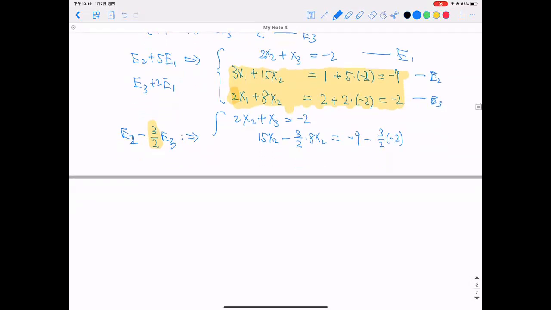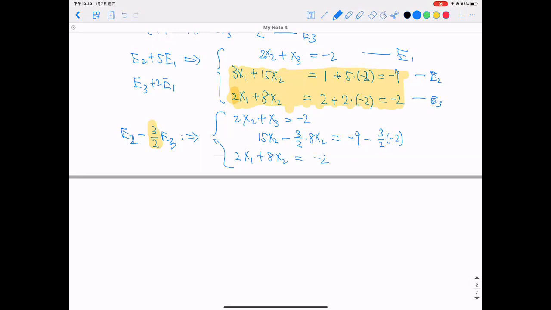And let's keep E3 for the moment: 2x1 plus 8x2 equals minus 2. Okay, so now I have to simplify this, of course.